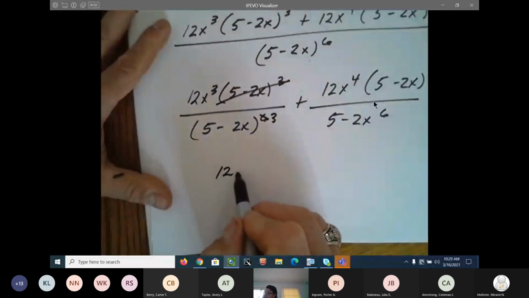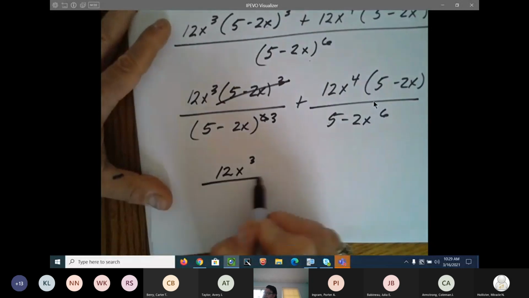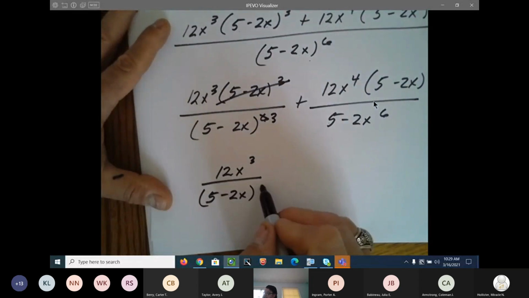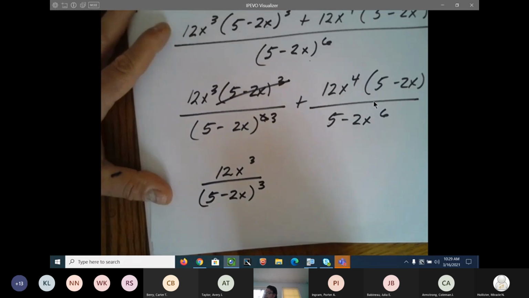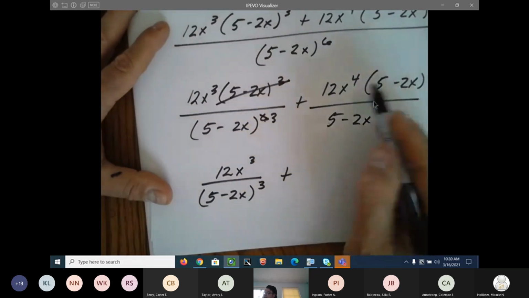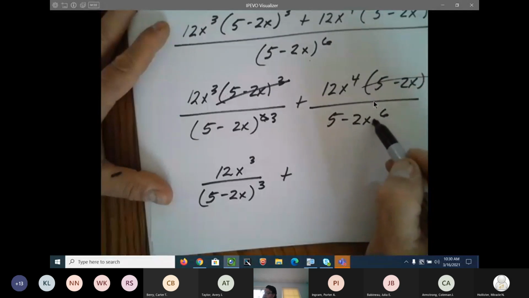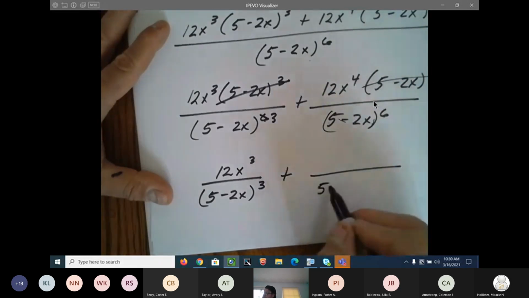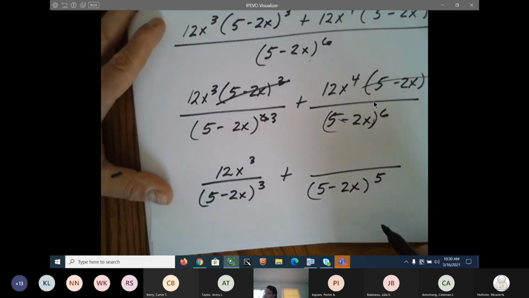So that'd be 12x to the third over 5 minus 2x to the third plus that goes out there and marks this out to be the fifth power. So that's going to be 5 minus 2x to the fifth power and 12x to the fourth up here.